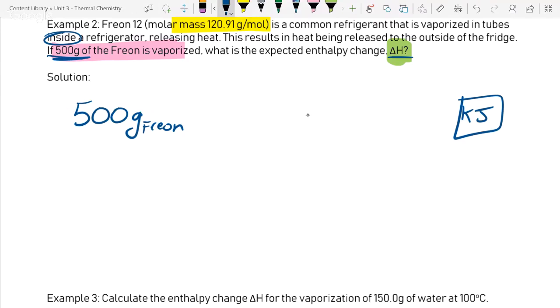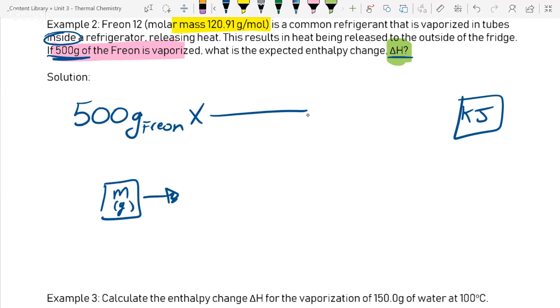Okay, so with dimensional analysis, our approach is always to work with units, right? So we're going to take this and multiply it by a fraction, and we're going to cancel the units we don't want and put new ones there. So let's map this out. We're going to start with a mass measured in grams of Freon. And what am I going to convert that to? And if you took grade 11 chemistry, you should know that the answer to every question is moles, right?